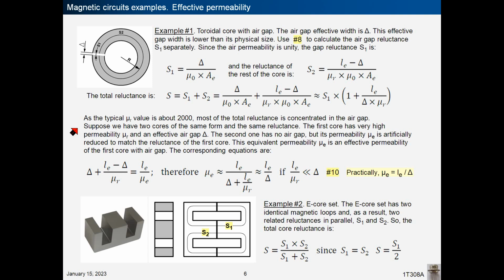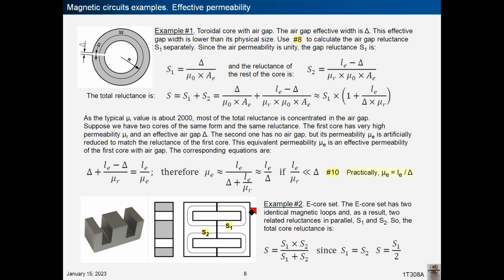This equivalent permeability mu e is an effective permeability of the first core with the air gap. The corresponding equations are shown below. The expression for effective permeability can be simplified if the following condition holds true. In practice, the effective permeability is the effective length over delta.